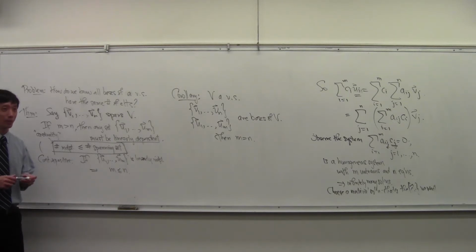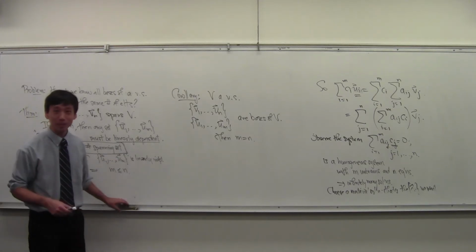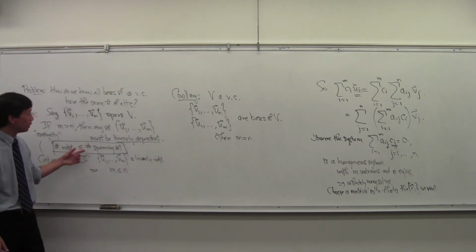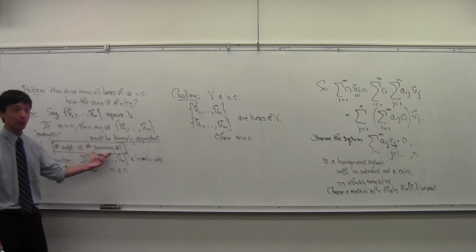Okay, I want everybody to think about it for a minute and see if you can figure it out. You know that the size of an independent set must be less than or equal to the size of a spanning set.